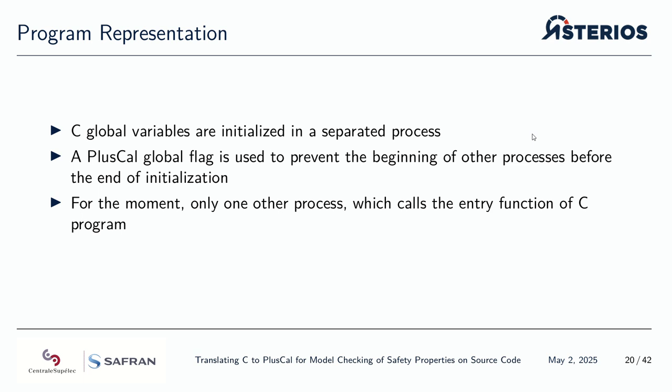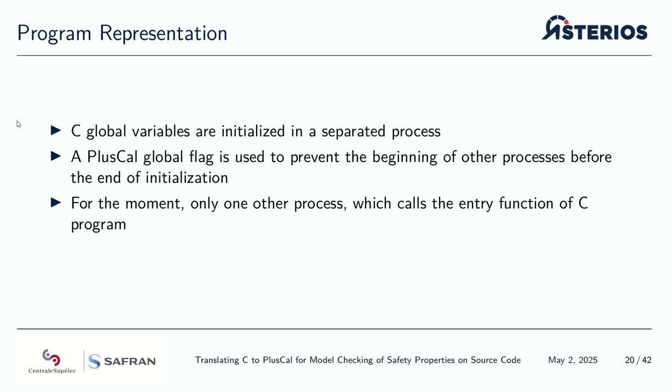But at the beginning of the PlusCal verification, how do we manage global variables? They will be initialized in a separate process. So we will have a PlusCal global flag to prevent the beginning of other processes before the end of initialization.